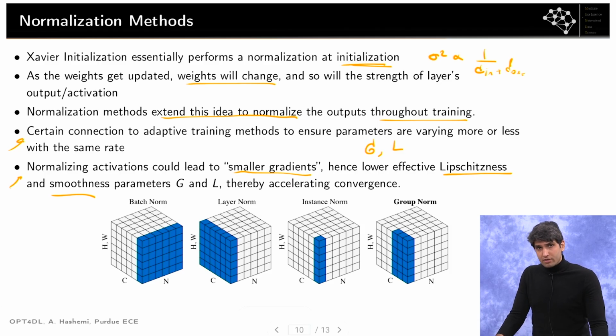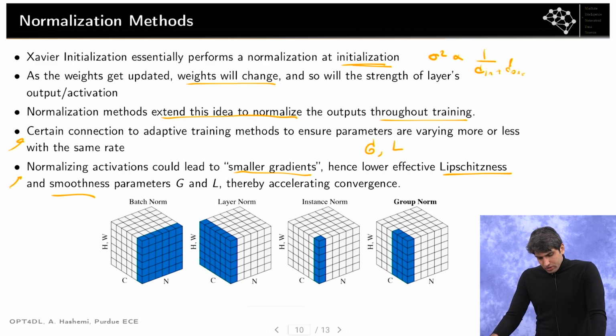In terms of generalization and test accuracy, there are also some studies connecting the sharpness of the loss landscape to bad generalization. So if by normalization we reduce the sharpness and sensitivity of our loss, not only do we expect the model to converge faster, but the solution we find could potentially generalize better as well.